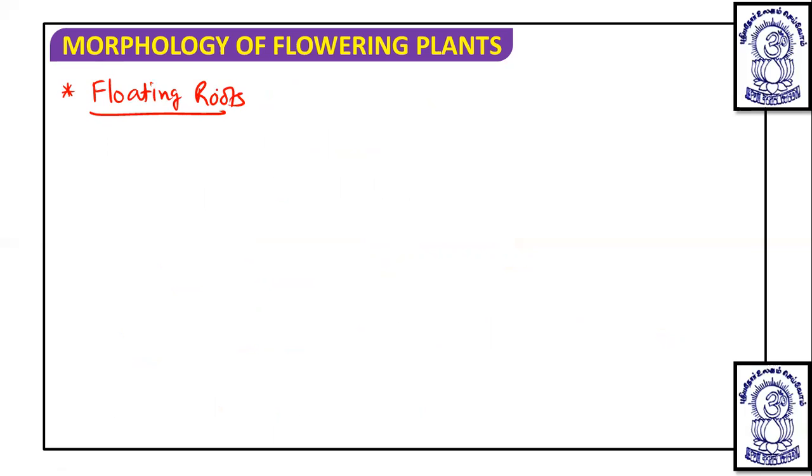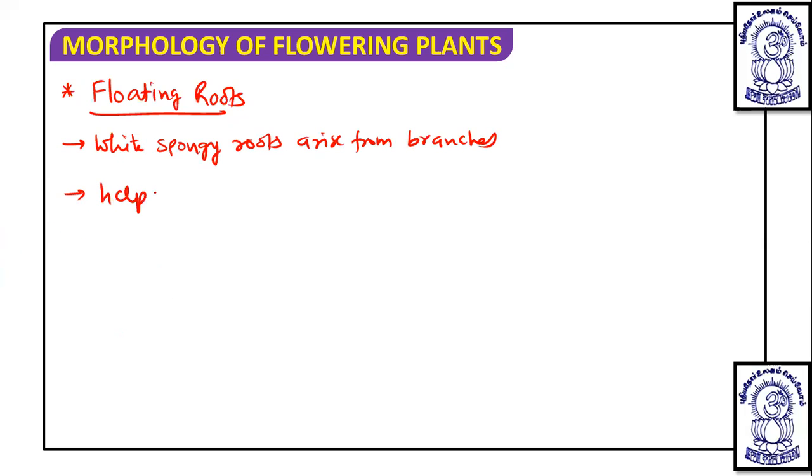If we talk about floating roots, these are found in aquatic plants, and these are white spongy roots which arise from branches, and they help in floating and respiration.